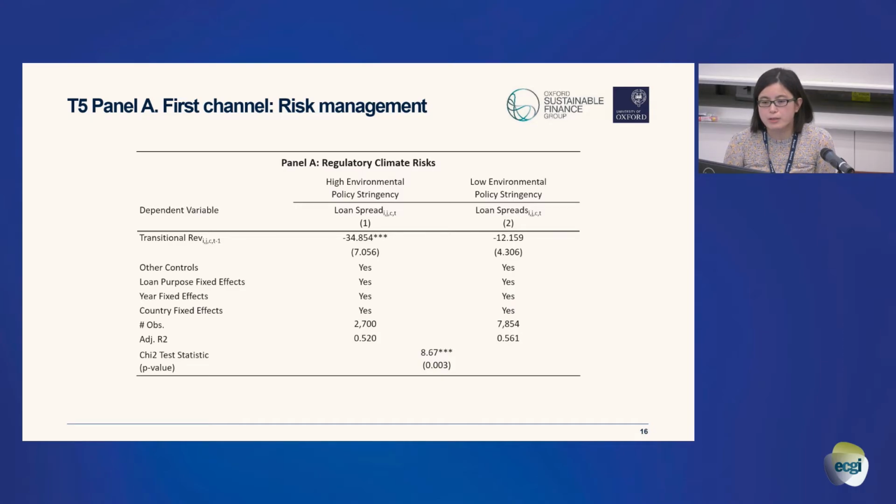Now we have two subsamples: one with high environmental policy stringency, and the other, below the median, with lower environmental policy stringency. We found that the transitional revenue effect on loan spread is more pronounced, with a higher magnitude, for firms located in countries with higher policy stringency.